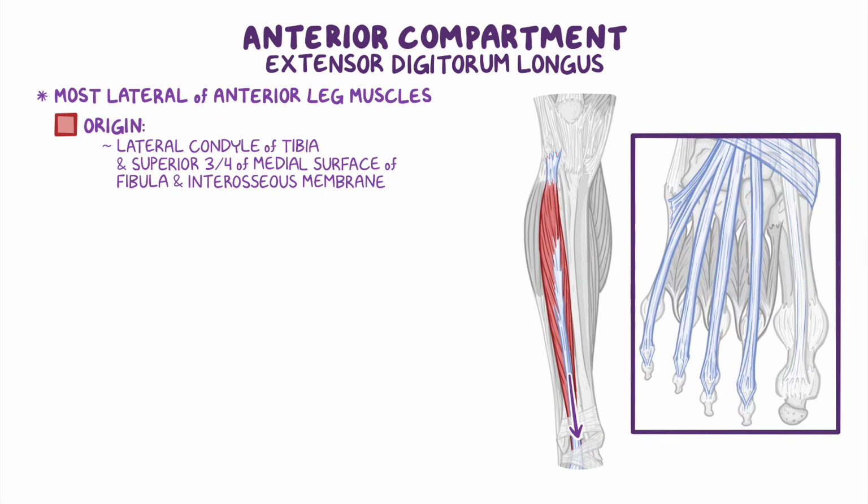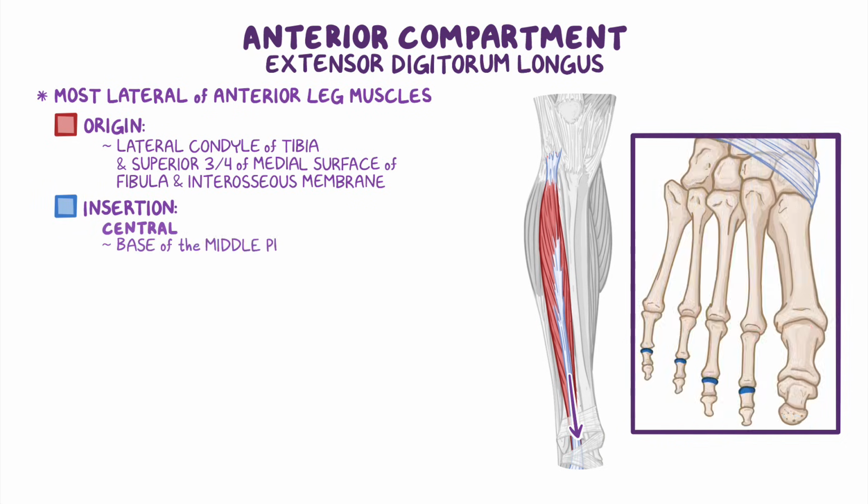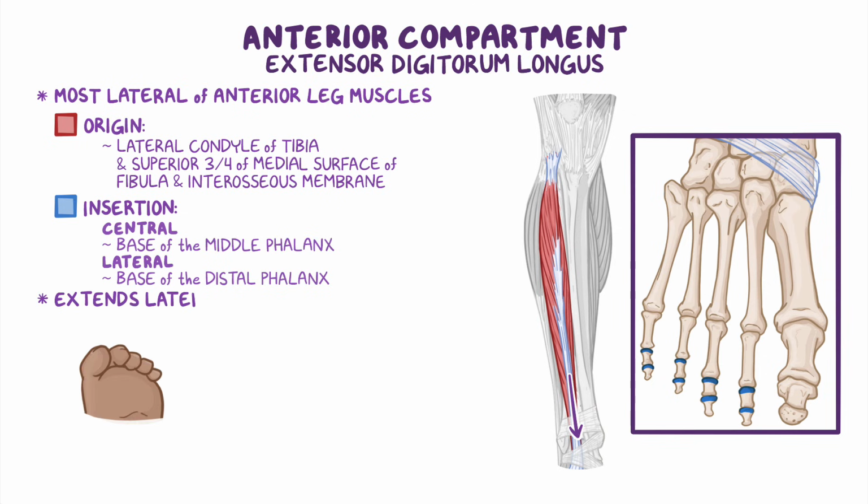Once the tendons reach the phalanges, they divide into two lateral bands and one central band. The central band inserts into the base of the middle phalanx, and the lateral bands converge to insert into the base of the distal phalanx. The extensor digitorum longus extends the lateral 4 digits and dorsiflexes the ankle.